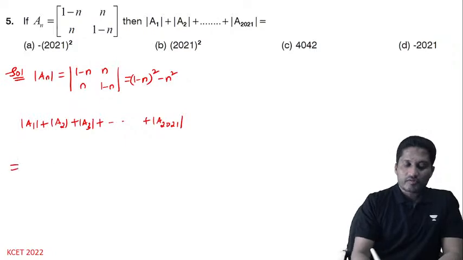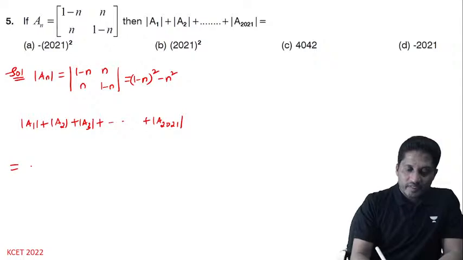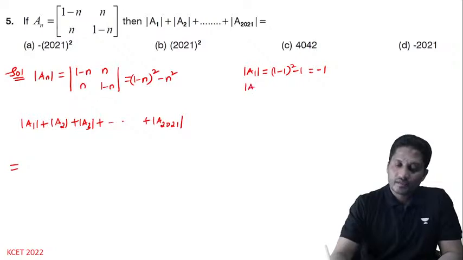So determinant of a1 is equal to 1 minus 1 the whole square minus 1 square, which is equal to minus 1. Determinant of a2 will be equal to 1 minus 2 the whole square minus 2 square, which is equal to minus 3.